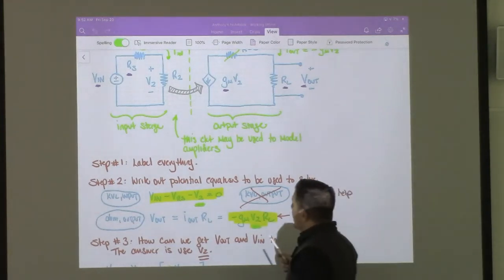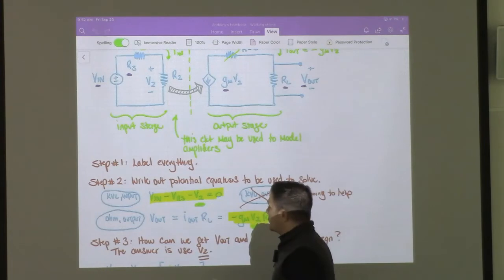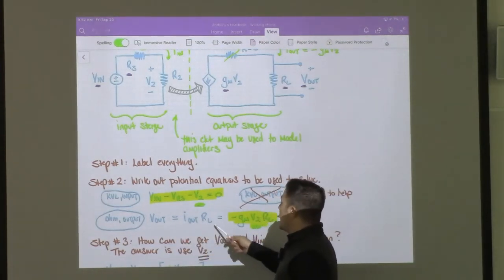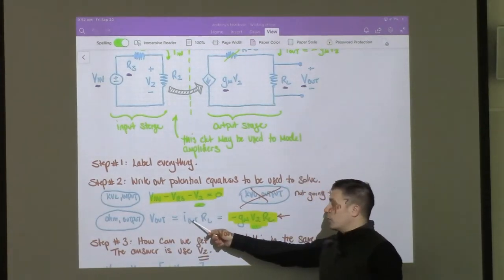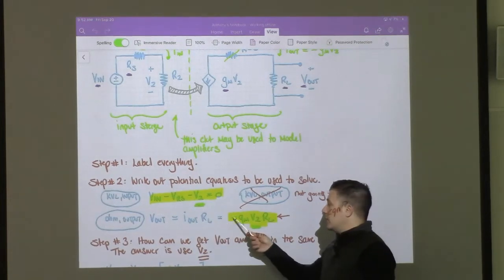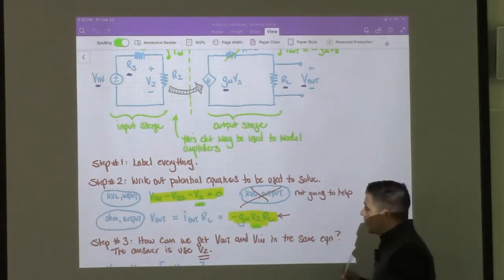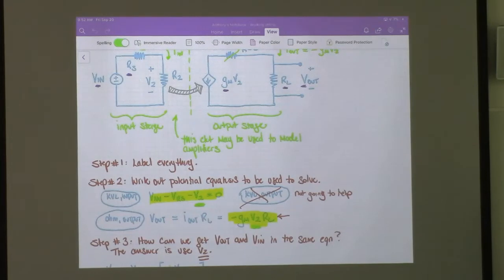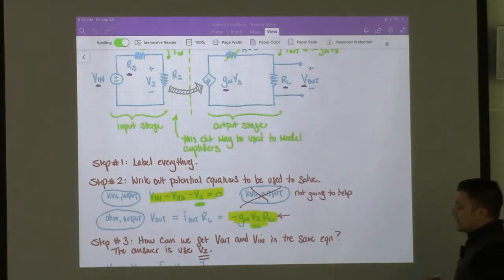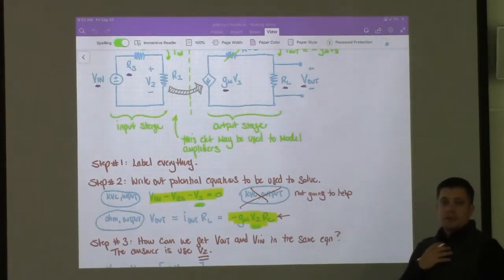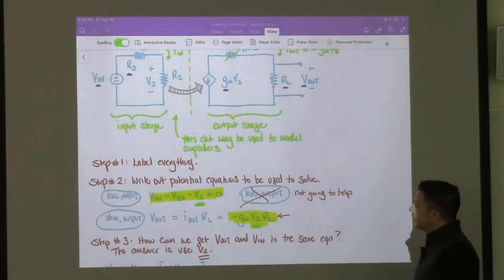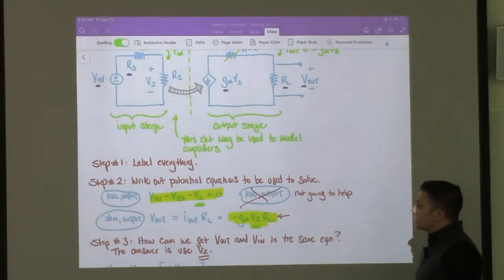So let's try writing out Ohm's law for the output stage. We know that V out will be equal to I out times RL, and then just real quick, I'll substitute in for I out. It'll be negative GM V2 RL. Okay. So before we start writing more equations, let's see if there's anything about these two that allows us to solve.